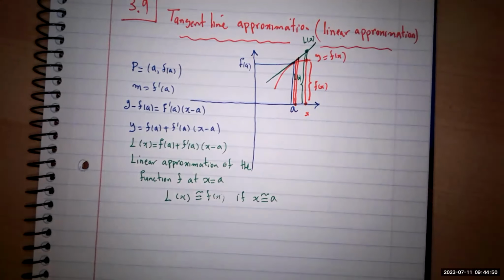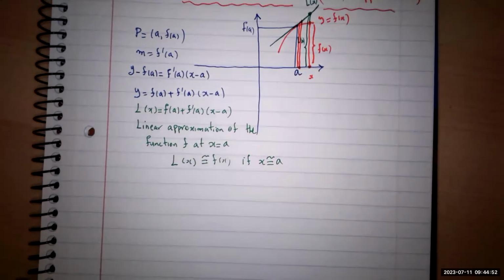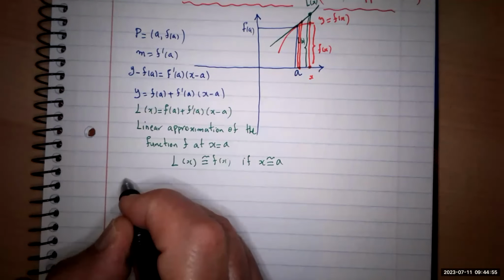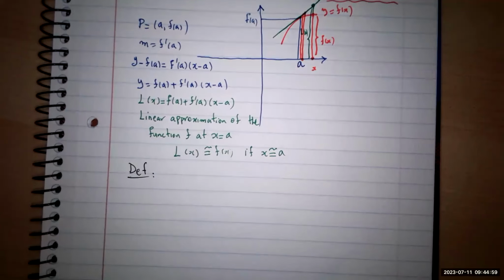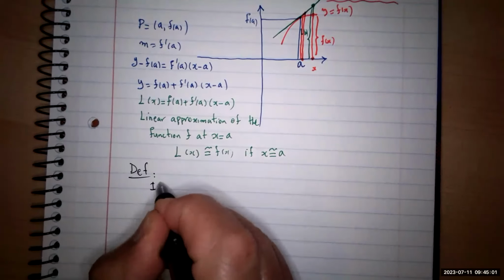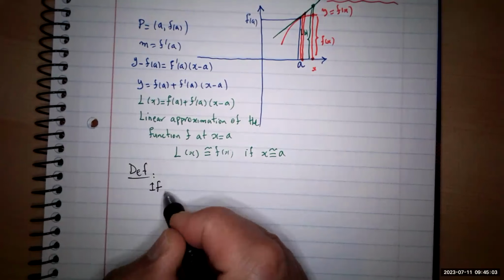So I write it down, make it official for you, the definition of a linear approximation is this one. It's a tangent line with a new look.